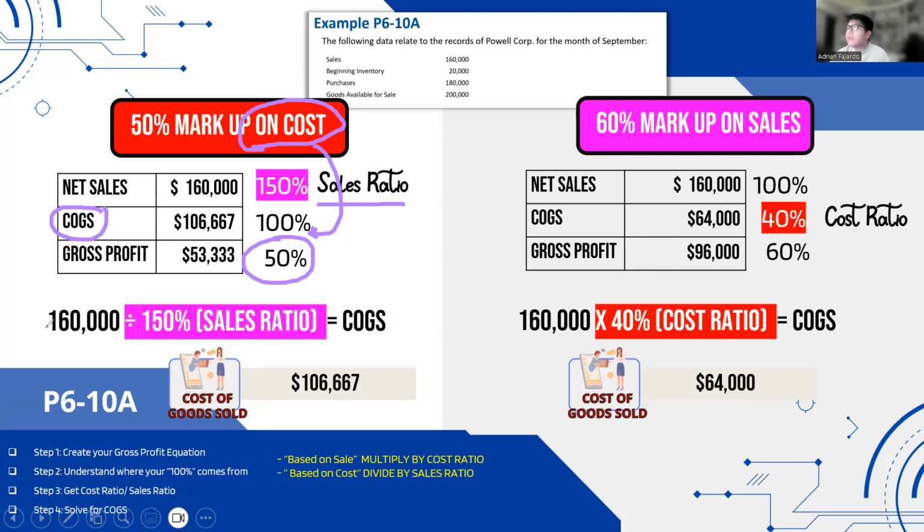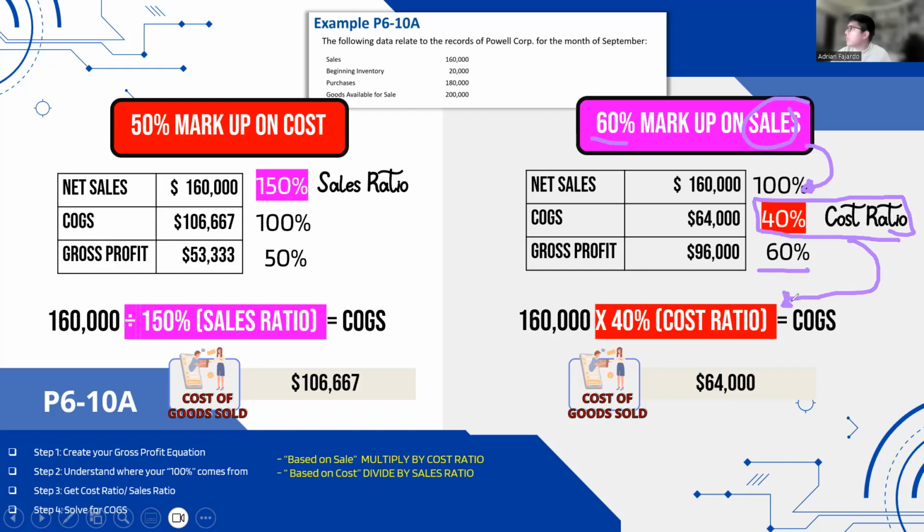On the other hand, if it's based on sales, ang 100% mo is based on sales. 60% is yung 60%. So kung 100 to and 60% to, this will give you your cost ratio, which is 40%. Then you go net sales times cost ratio is equal to cost of goods sold. So ganun lang siya mag-work.